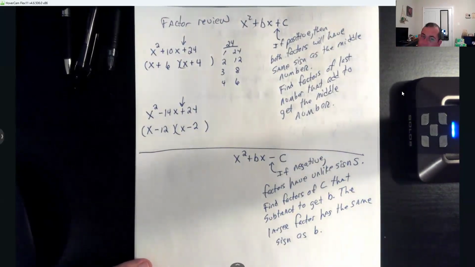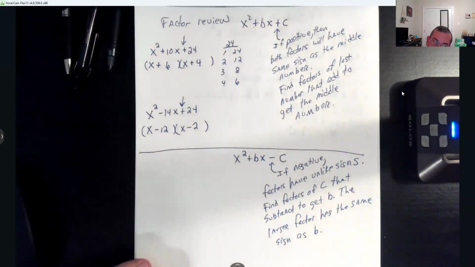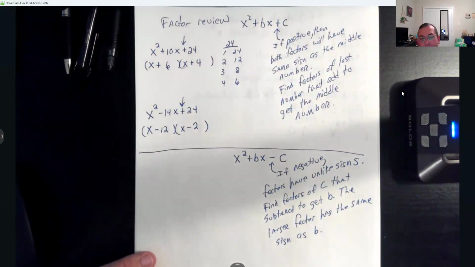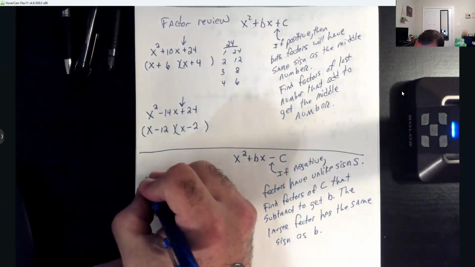You find your factors that'll subtract to get the middle number, and the larger factor will have the same sign as the middle. So y'all watch this.